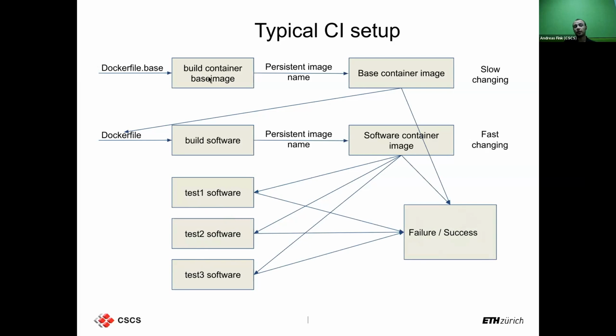To mention is that this base container image is slow changing. That means that you do changes to this Dockerfile very rarely, only when you want to update dependencies or you have a new dependency, then you update the Dockerfile, while this is basically rebuilt on every commit. So this is what you really want to test.